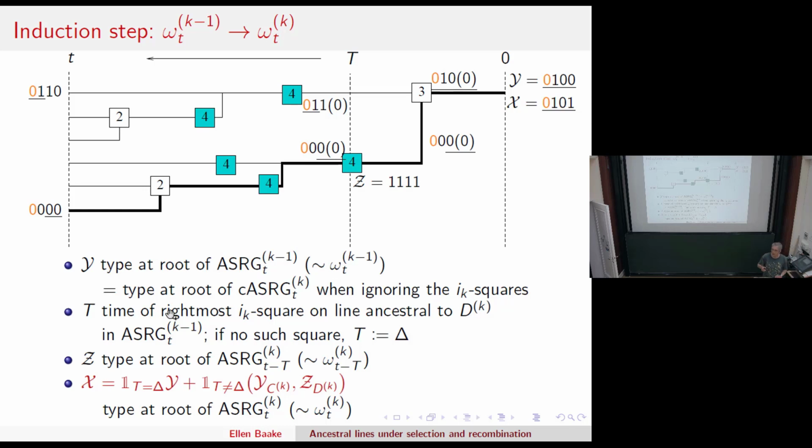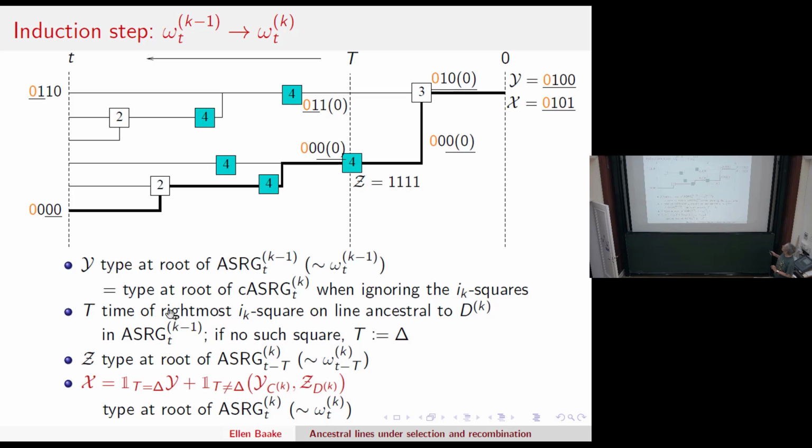And then we do the following. We start here at the root and we follow back the ancestral line of the k-tail of this guy, which in this case is just the ancestral line of site 4. And since at this point we don't have recombination yet, that is also the ancestral line of site number 3.